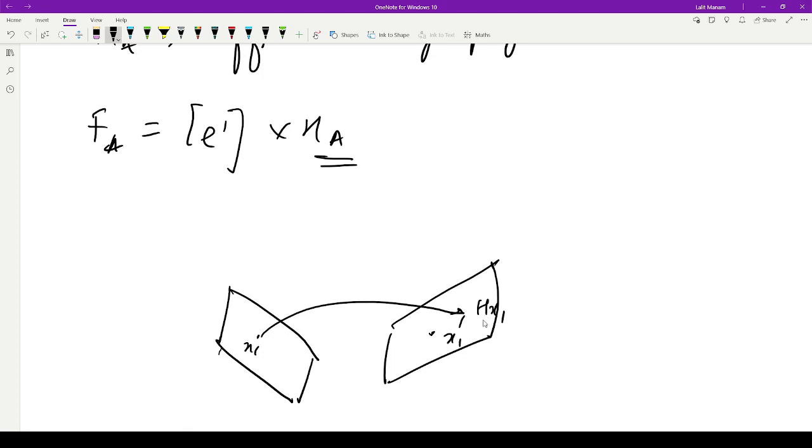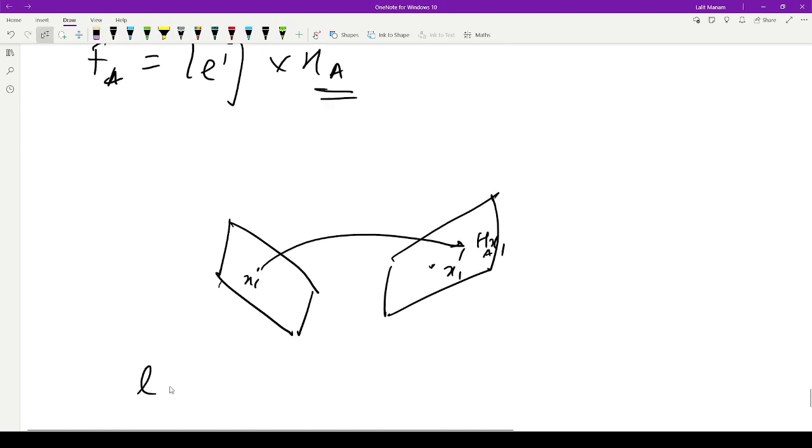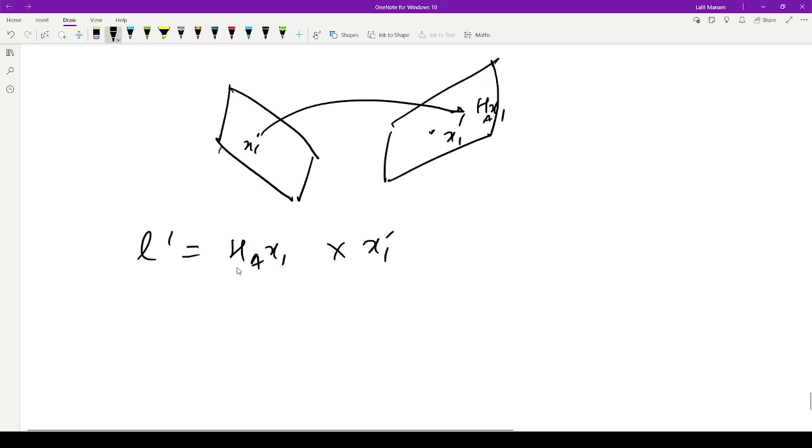For our case, it is HA times x1, right? And then L prime is x1 prime cross HA x1. This is the epipolar line.